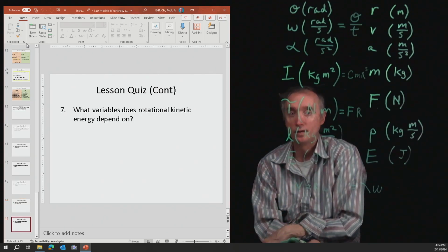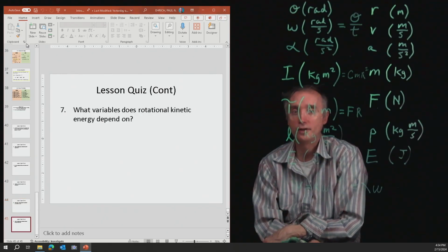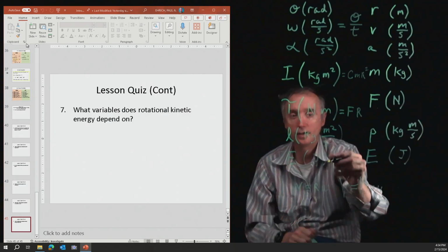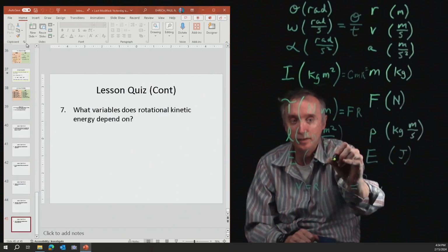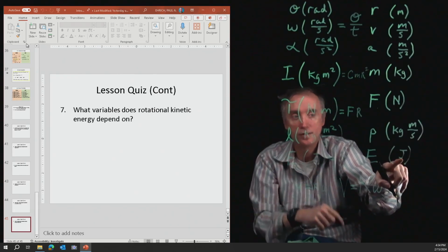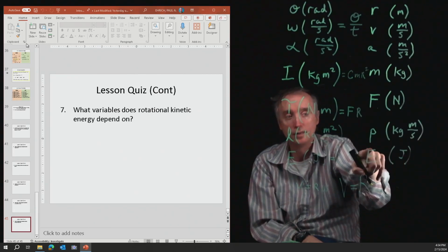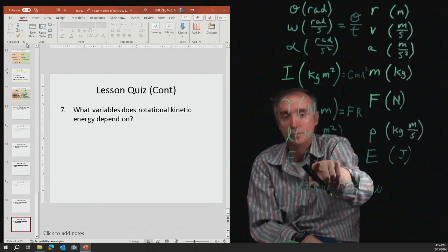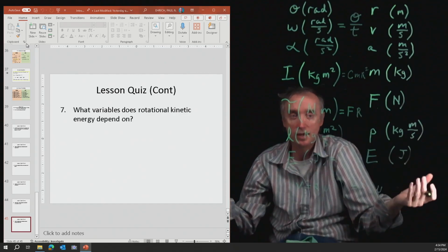Number 7, what variables does rotational kinetic energy depend on? Okay, so rotational kinetic energy is given by E, and notice they both have the same unit. So this is linear kinetic energy. This is rotational kinetic energy, but it's energy. Energy's energy.